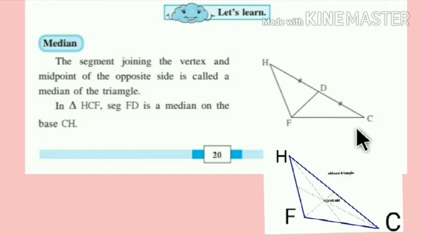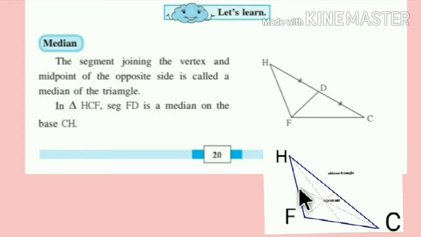Third, we can draw from this vertex, that is C, on the opposite side, that is FH. From C to the opposite side HF, this is the median.